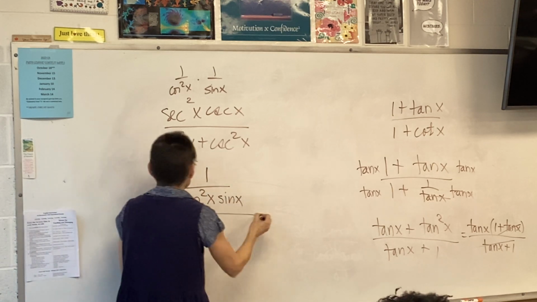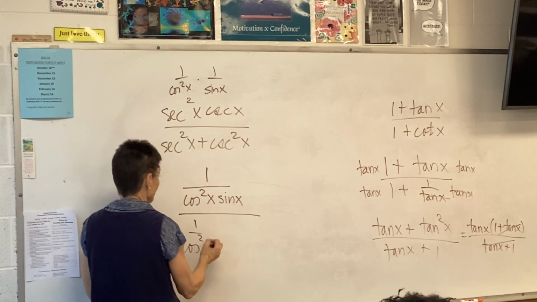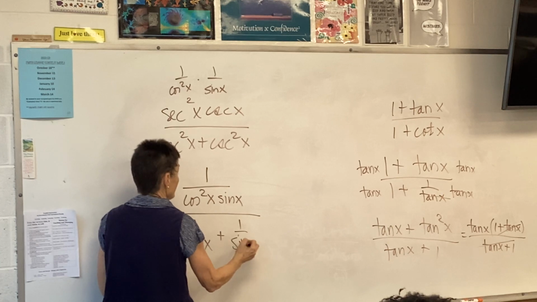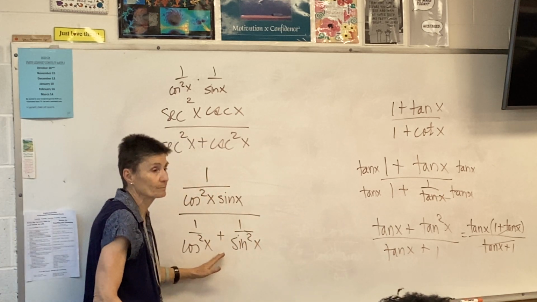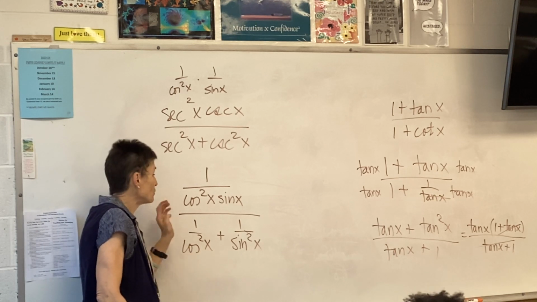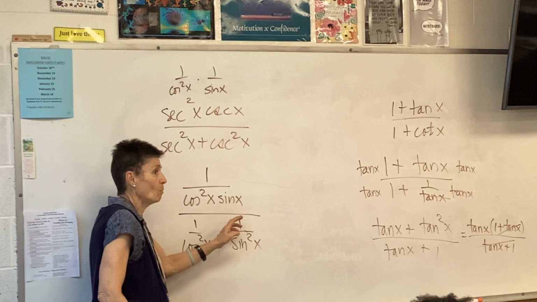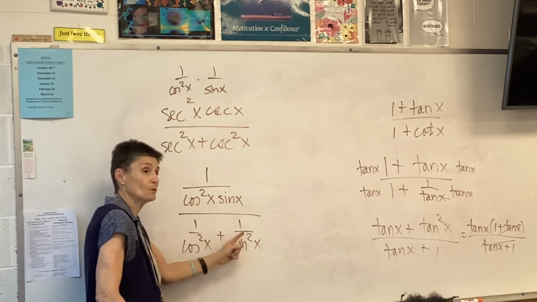All right, now the denominator you can't do that with. The denominator is going to be 1 over cosine squared plus 1 over sine squared. Those are separate terms. If you say, well, I don't want to divide, I want to invert and multiply, you can't until you get this together.